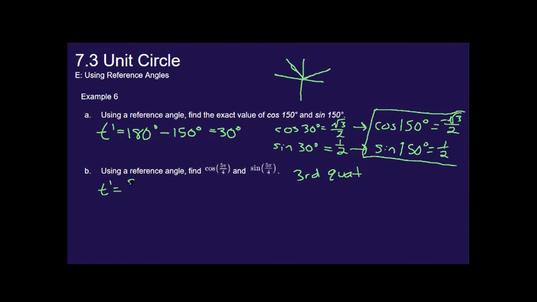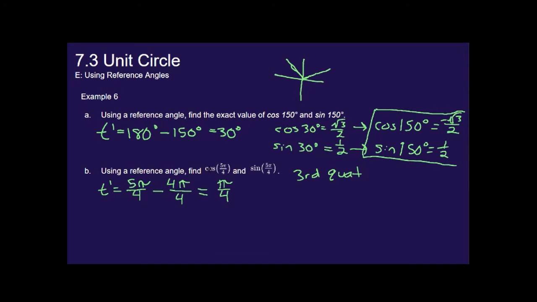So we're going to do 5 pi over 4 minus pi, which we're going to put in terms of a denominator of 4, 4 pi over 4, and that is equal to pi over 4. So this is our reference angle.